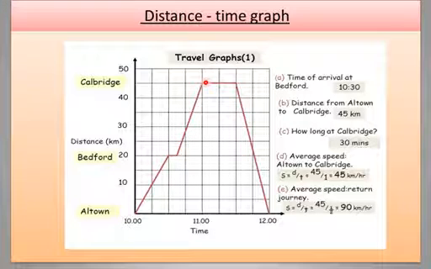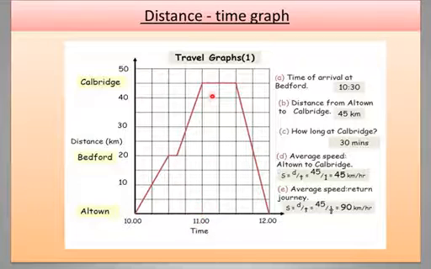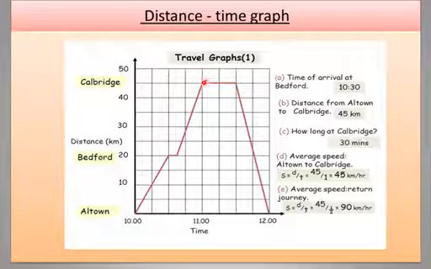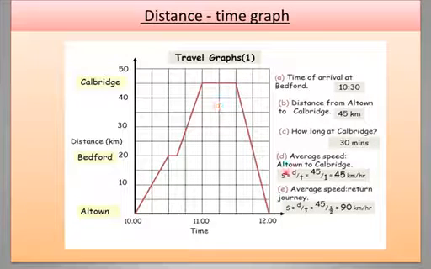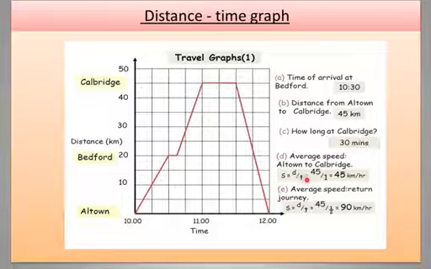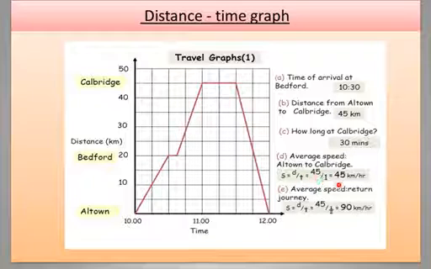How much time did it take? It took 1 hour, 10 o'clock to 11 o'clock, and the distance is 45 kilometers. So what is the speed? Speed equals distance by time equals 45 by 1 equals 45 kilometers per hour.